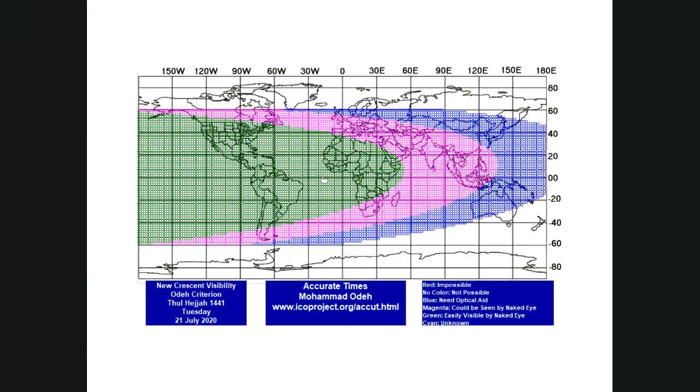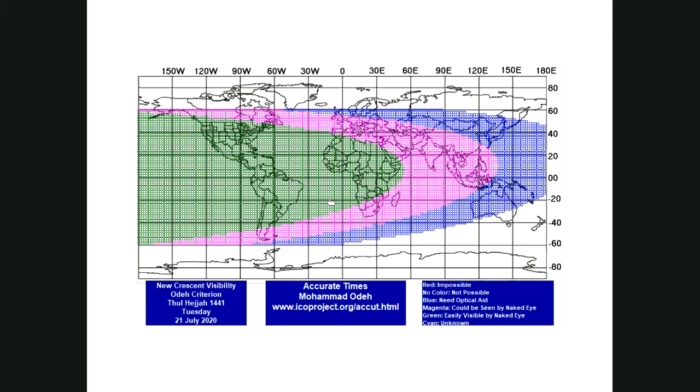So if July 21st happens to be day 29, then July 22nd will be the first day in the month for us, which will be the first of Dhul Hijjah. If July 21st happens to be day 30, then of course the 22nd will be the first day. So from this, it looks like July 22nd is the first day of Dhul Hijjah.